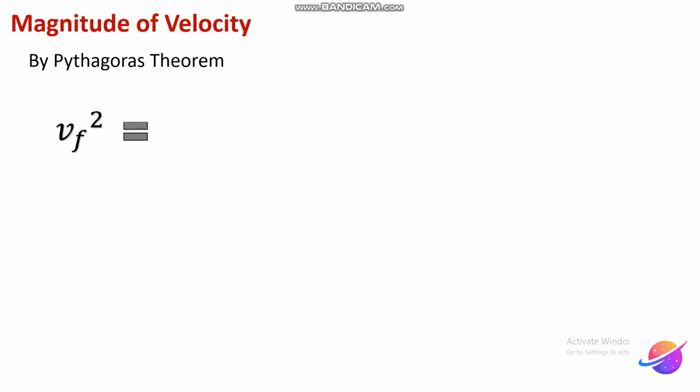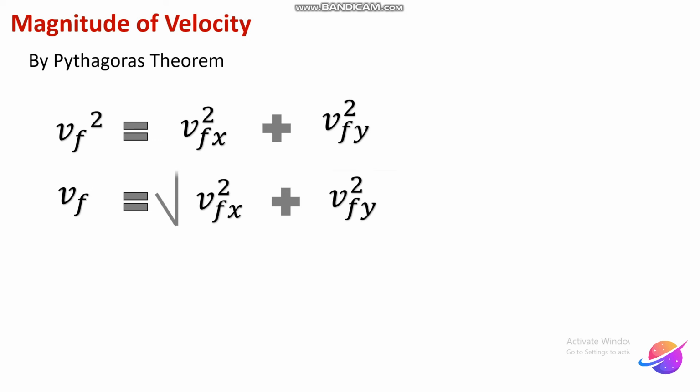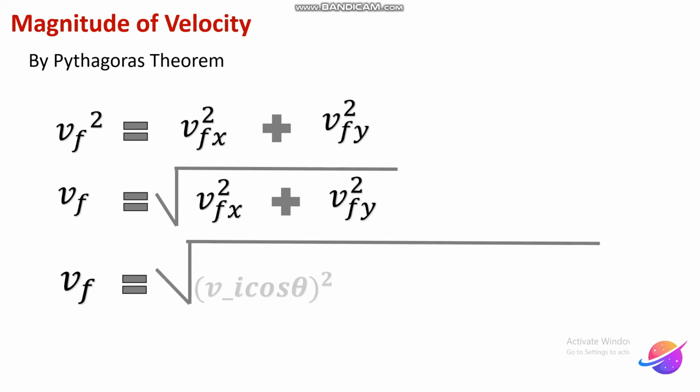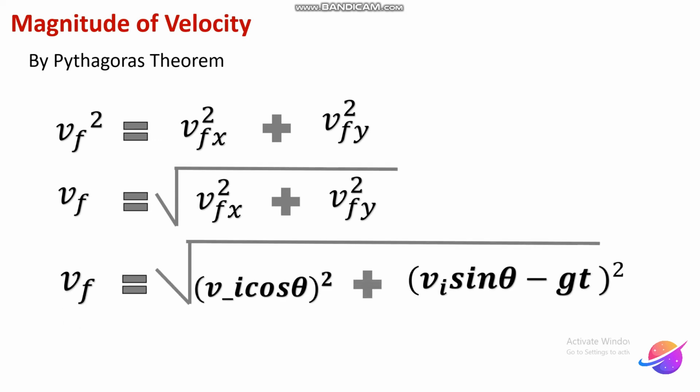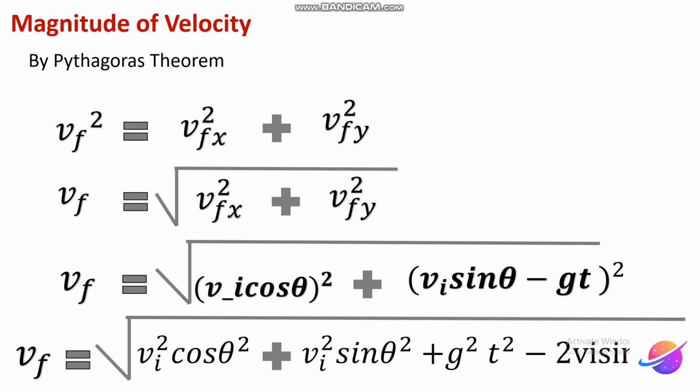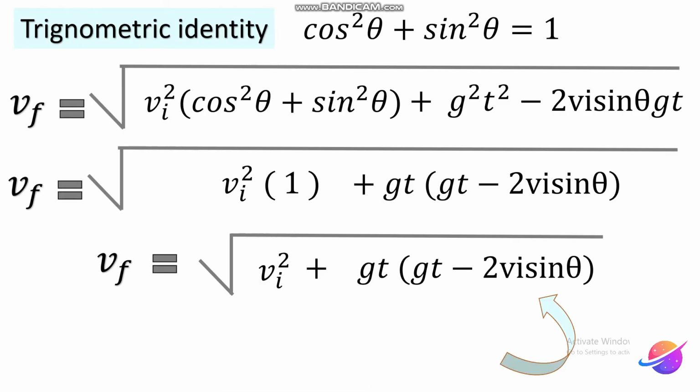And from the trigonometric ratio, we know that cos squared theta plus sin squared theta is equal to 1. And here we take gt as common, and it becomes v is equal to the square root of Vi squared plus gt times (gt minus 2 Vi sin theta).